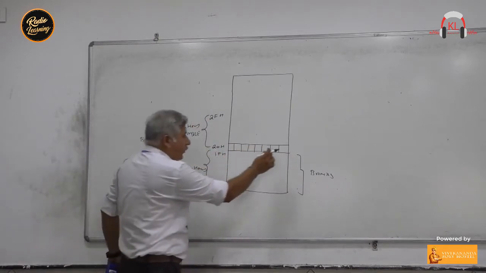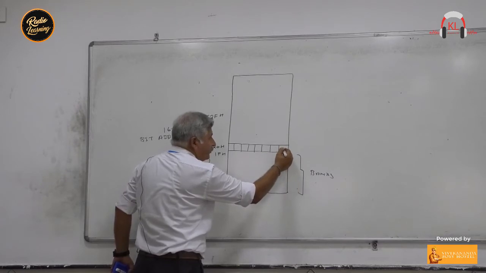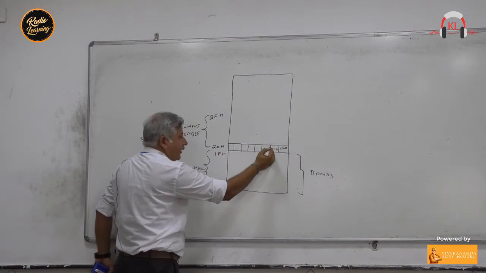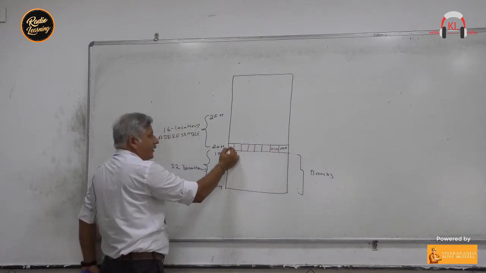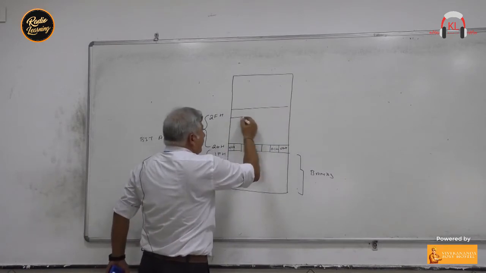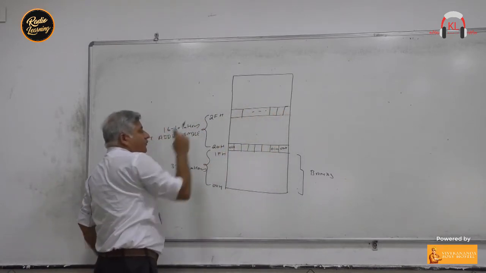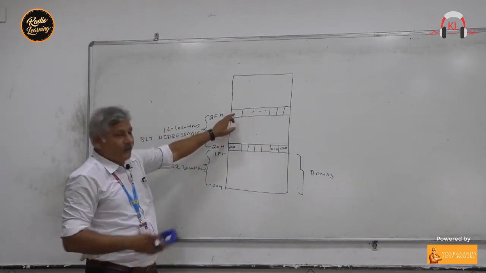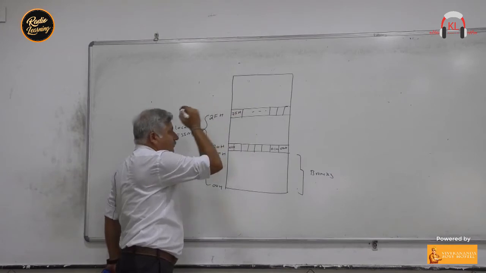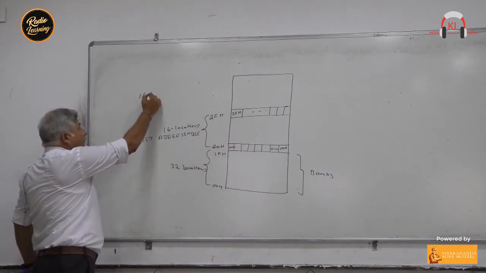So if you want to access this bit, you can access it with the address 00H. This bit has the address 01H. Like this, the bit has the address 07H, right? So in this way, the last bit will have the address 7FH, right?